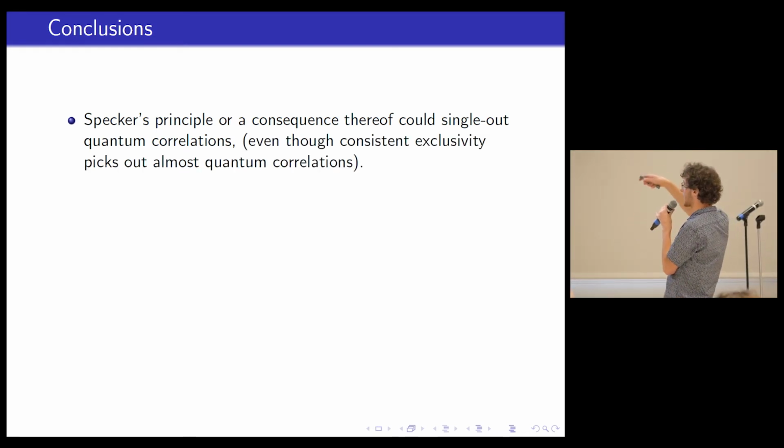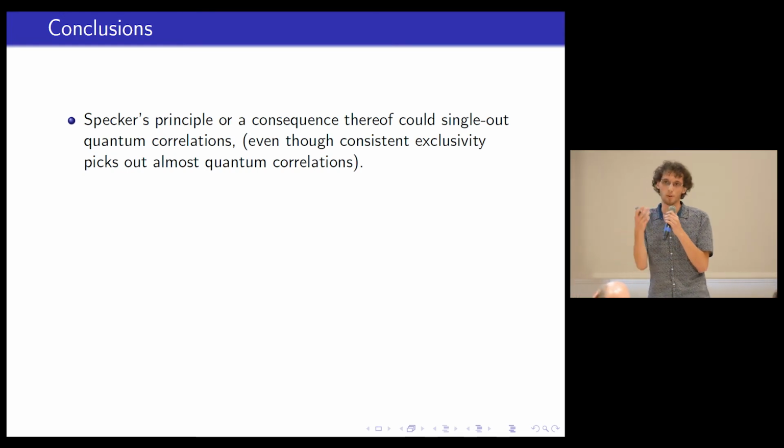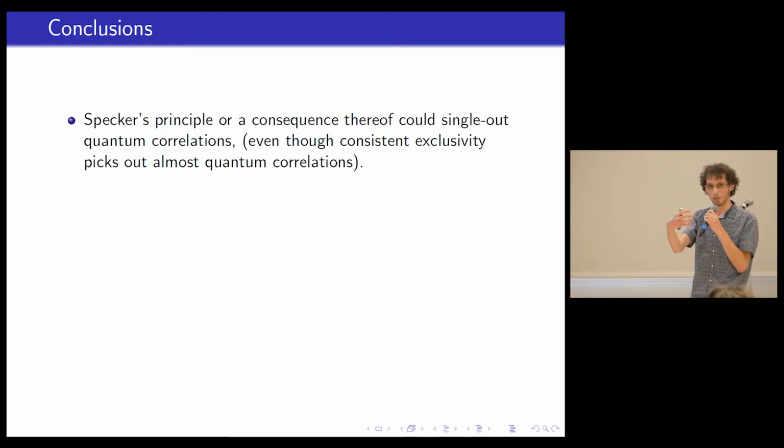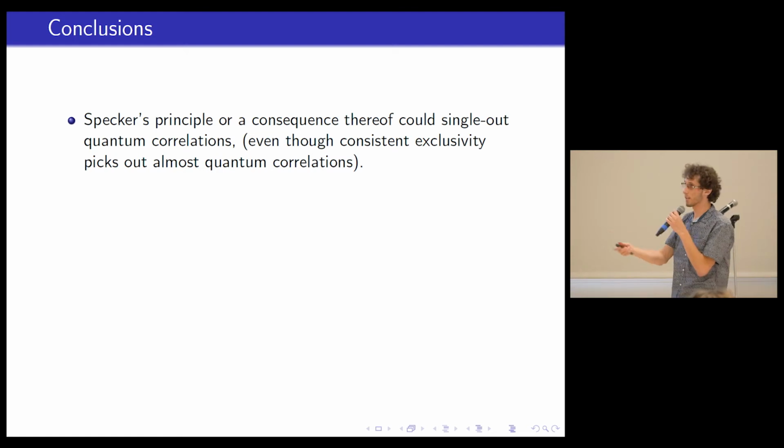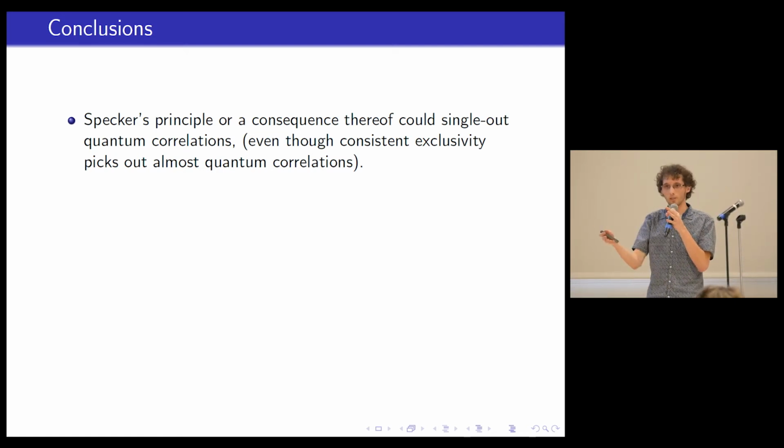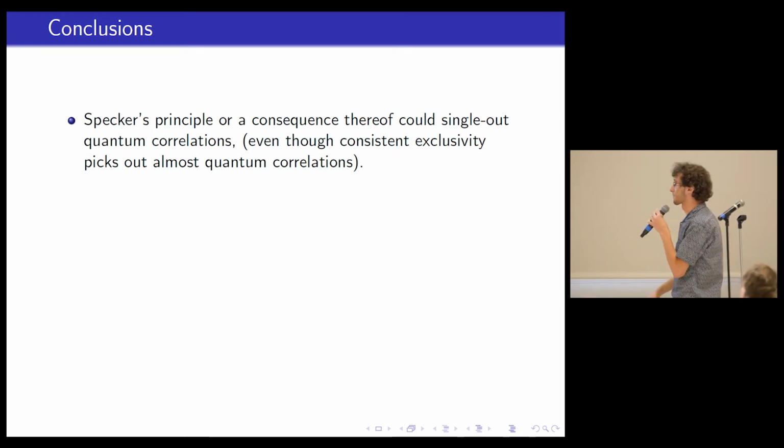And this is despite the fact that what has been thought as the direct translation of Specker's principle to correlations, the principle of consistent exclusivity, only picks out the almost quantum correlations and doesn't give us the quantum set.